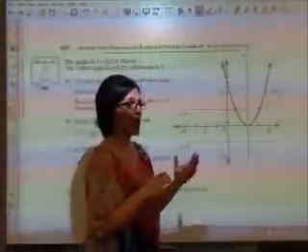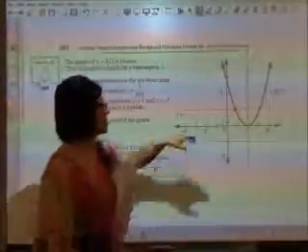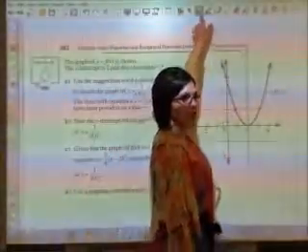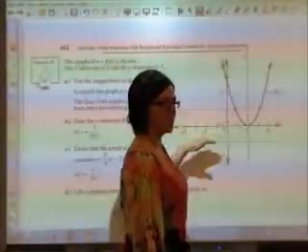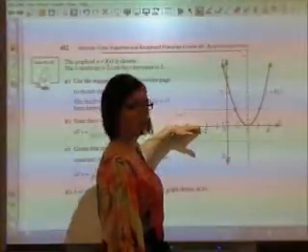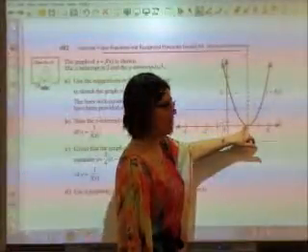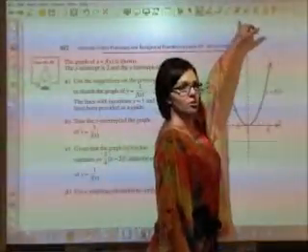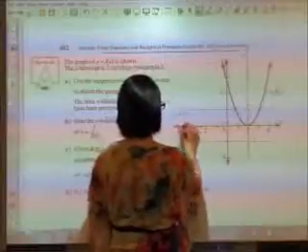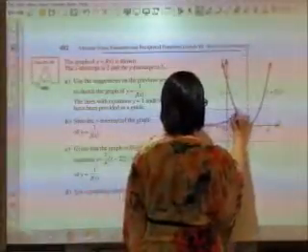And remember from the other observations, as the original graph gets larger, the reciprocal gets smaller. So it's going to approach the asymptote. As the original graph gets smaller, the reciprocal gets larger. So I'm going to get this curve that's going to go like this.